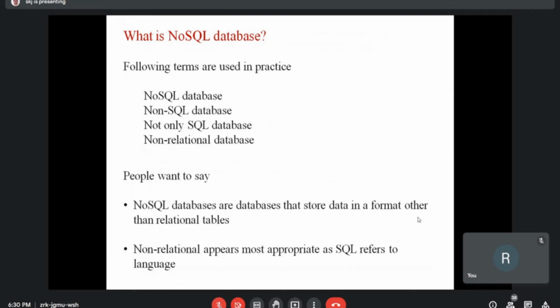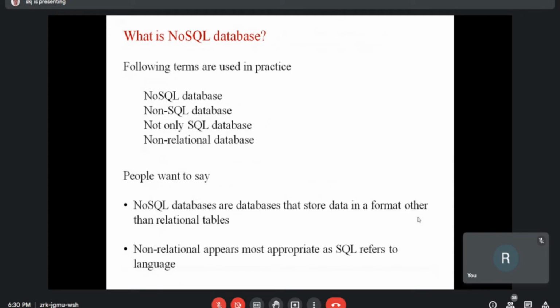The following terms are used in practice: NoSQL database, non-SQL database, not only SQL database, and non-relational database. All these refer to the same thing. Here we basically want to refer to the fact that the databases we will use here are not relational databases.